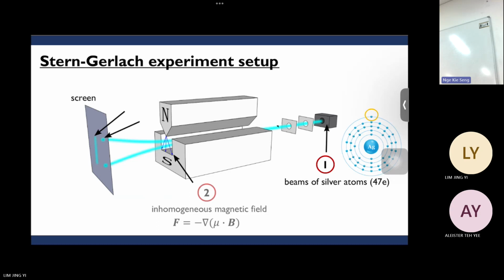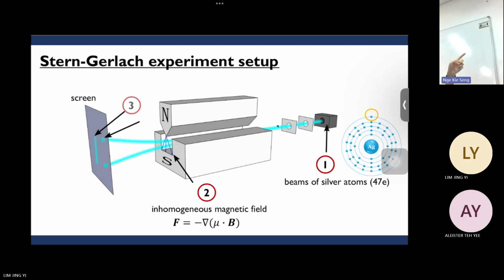So they pass the silver atom through an external magnetic field, and this external magnetic field is inhomogeneous. The reason why we need the external magnetic field to be inhomogeneous is because, if you look at this equation, the magnetic dipole moment and the angular momentum are just constants.